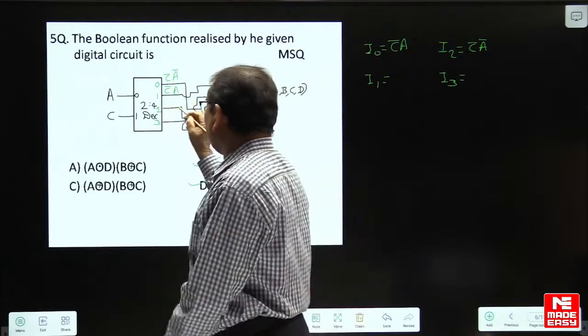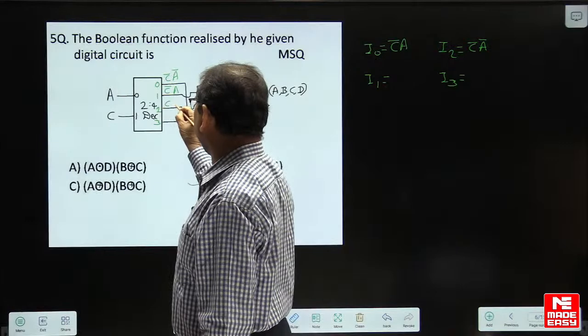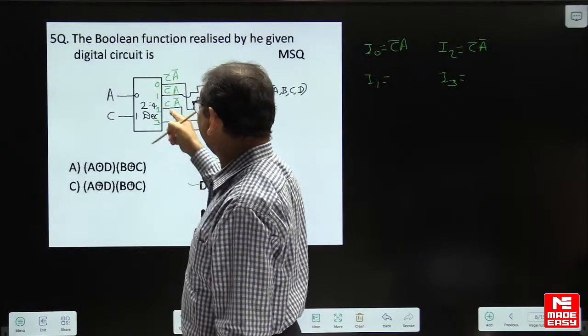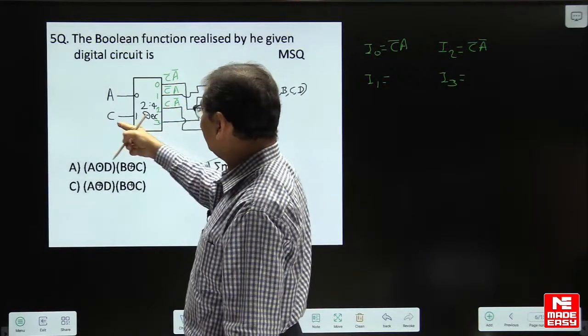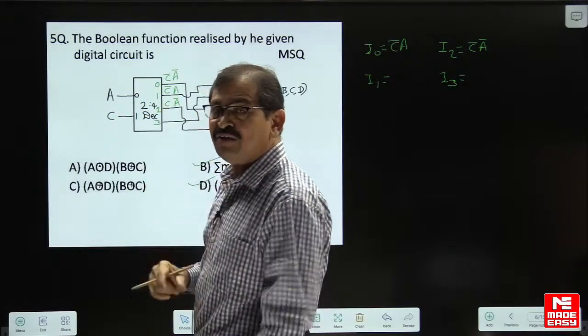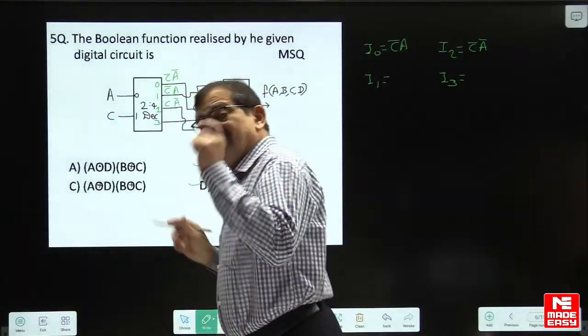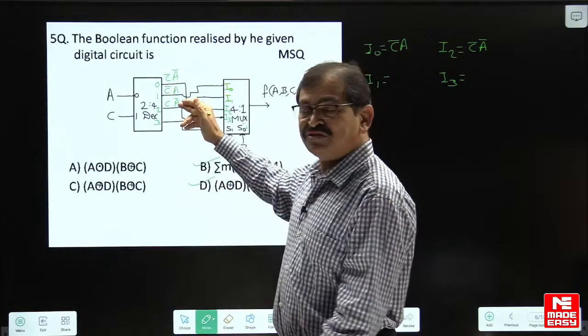Line 2 from this decoder is C A complement. Be clear, it is C A complement. Revise the decoder once more if you have any difficulty catching this.